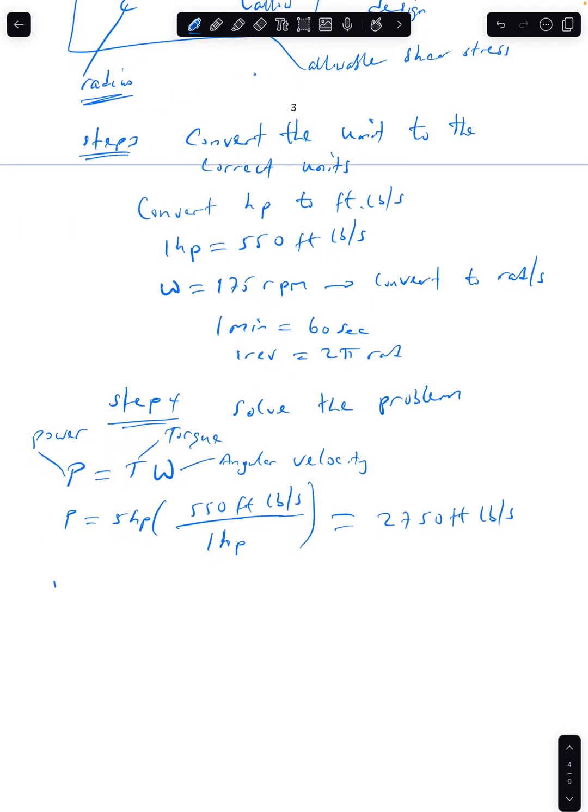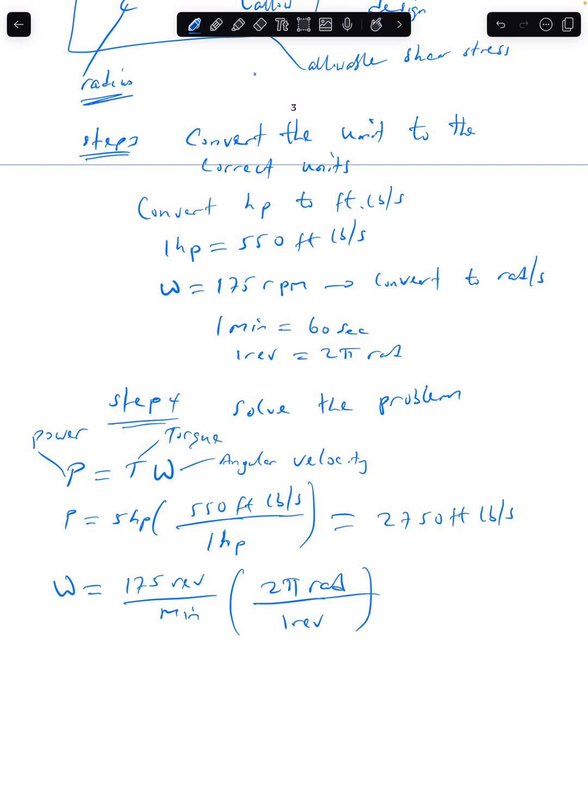Likewise, angular velocity is equal to what? 175 revolutions per minute as given in the problem. And what is 1 revolution? 1 revolution is equal to 2 pi rad.